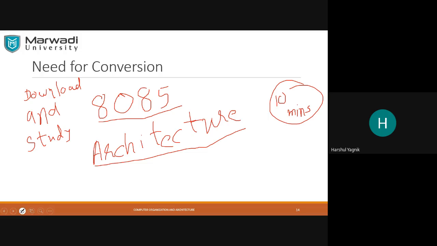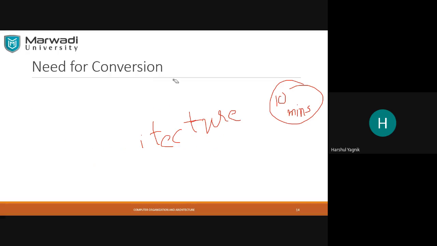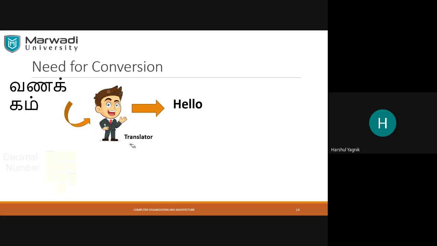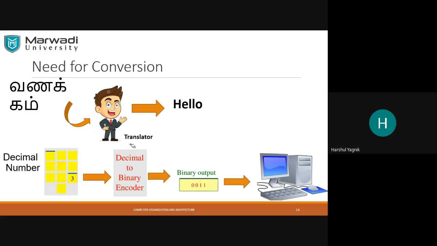That is what computers understand. And why do we need a conversion of data numbers into a binary form? Because whether it is text or video or image or numbers, anything, computer understands only the binary.